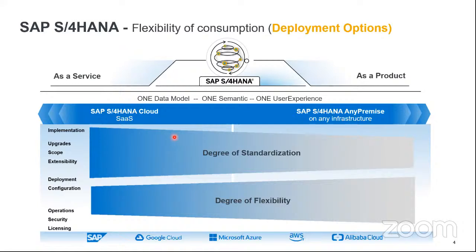When we come to the left hand side, when we talk about SAP S4 HANA Cloud, what we mean is that we are providing S4 HANA as a software. Which means that mostly SAP as an organization will be taking care of your entire S4 HANA cloud deployment. It's a cloud essential edition, as we already know, which comes with all the different features and business processes being managed, and it's being deployed by SAP.